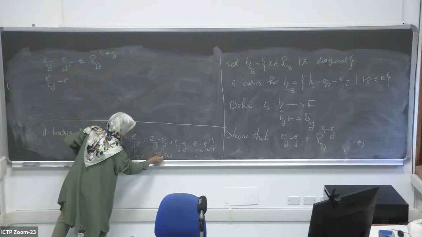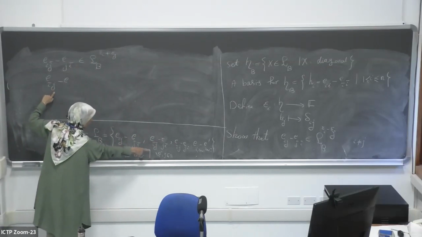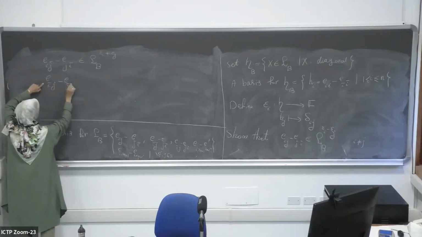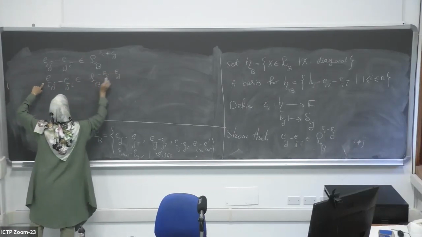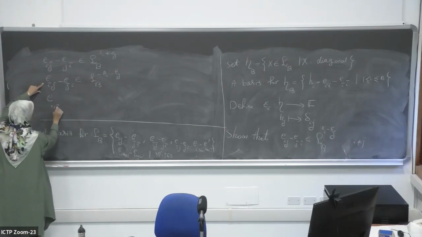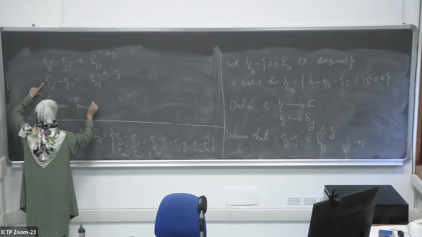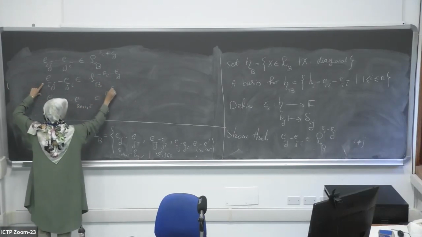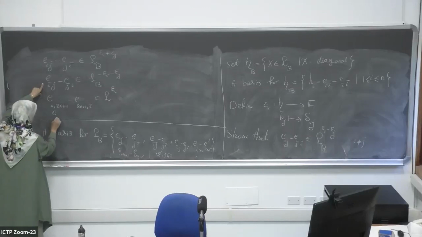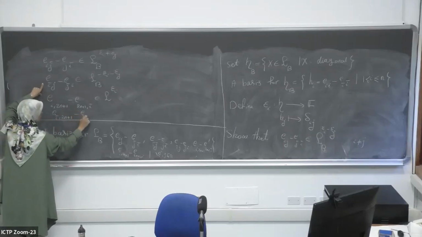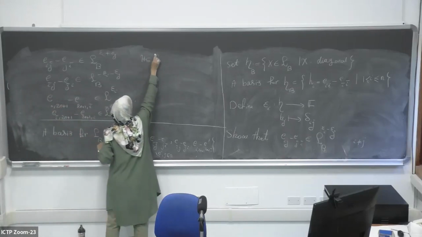I should say that for this part, I should modify this because sometimes i is not equal to j. E_{i, 2n+1} minus E_{2n+1, i bar} is an element of L epsilon_i, and E_{i bar, 2n+1} minus E_{2n+1, i} is an element of L minus epsilon_i, and H is a subset of L_0.